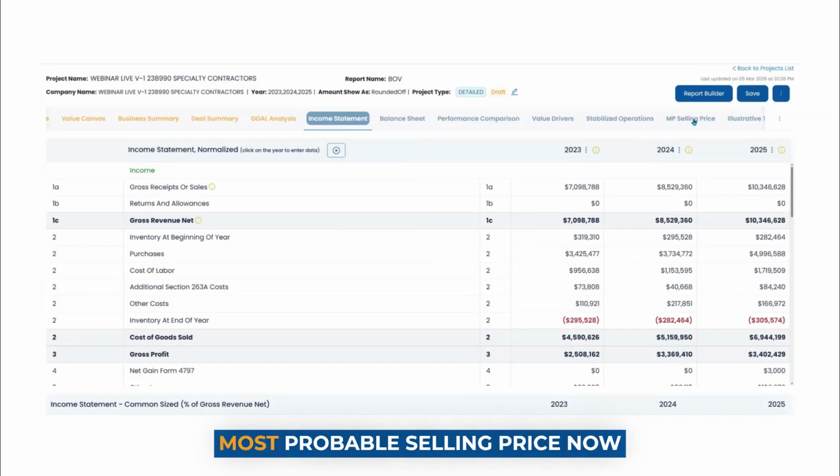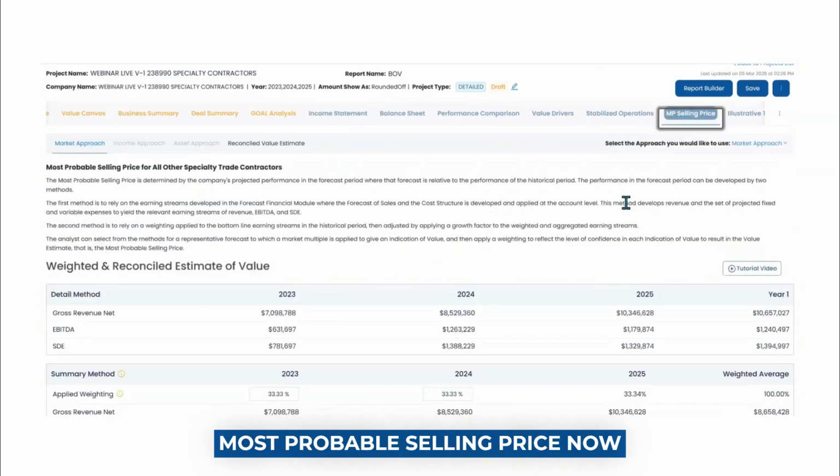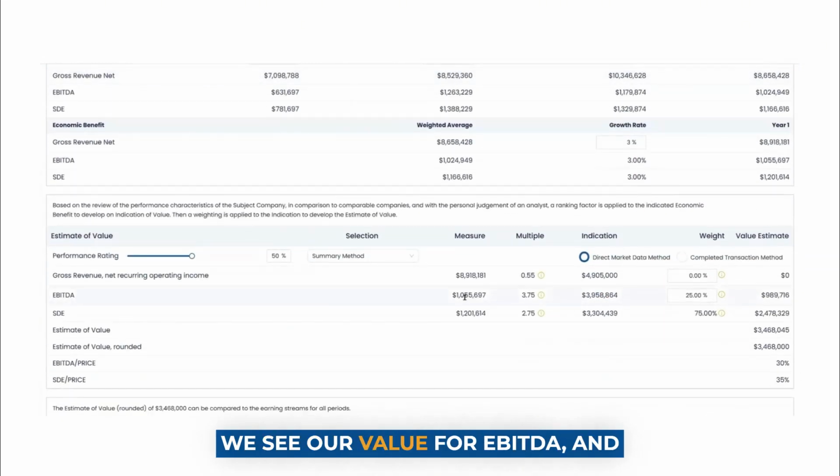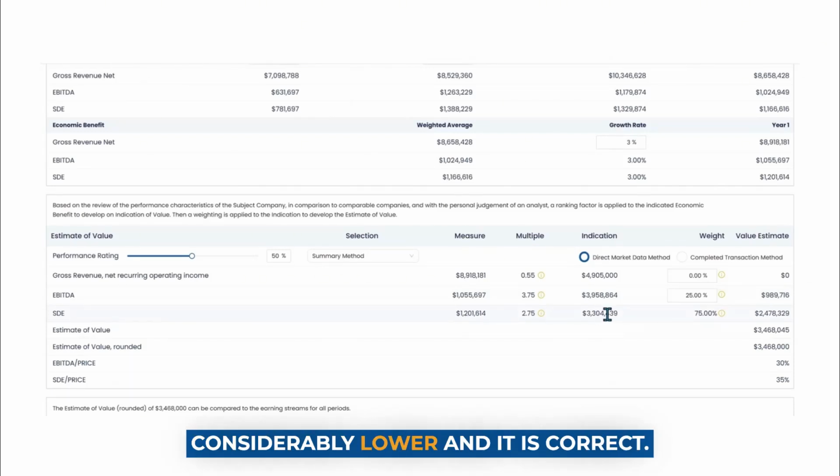And if we come to most probable selling price, now we see our value for EBITDA, and our EBITDA is unchanged, $1,055,000, and our value is stated properly. But now the value based on SDE is considerably lower, and it is correct.